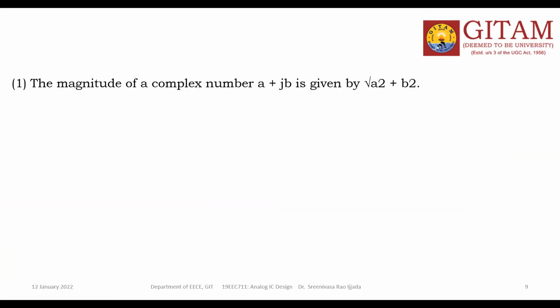For example, you have a component z equal to a plus jb. The magnitude is mod z equal to the square root of a square plus b square, where this is the real part and this is the imaginary part: real part square plus imaginary part square, under root. This is the magnitude.